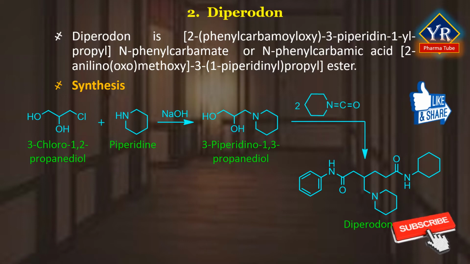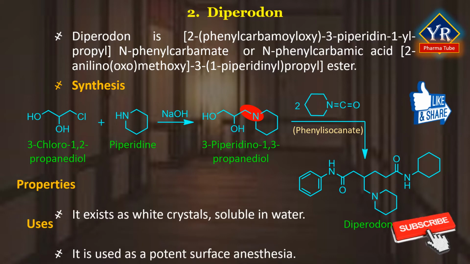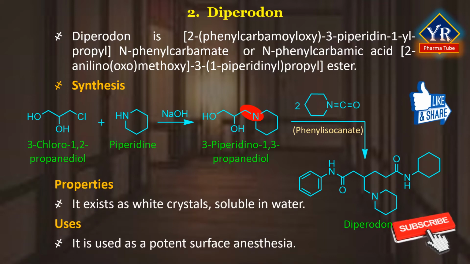It is synthesized by reacting 3-chloro-1,2-propanediol with piperidine in the presence of an alkaline medium, that is sodium hydroxide solution, forming 3-piperidino-1,2-propanediol. This then undergoes an addition reaction with phenyl isocyanate, yielding diperodon. Diperodon is used as a potent surface anesthetic agent. It is used topically, that is a 0.5 to 1% solution to the mucous membranes.